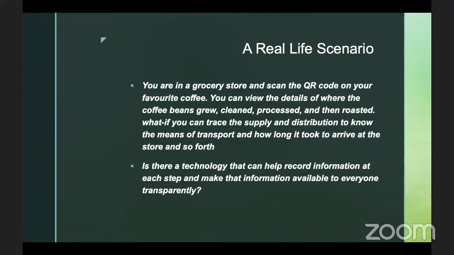Nobody should be able to change any transaction details. If you need such a record keeping system, that is what blockchain basically is. So blockchain technology can be applied in many fields, not only the cryptocurrency thing.